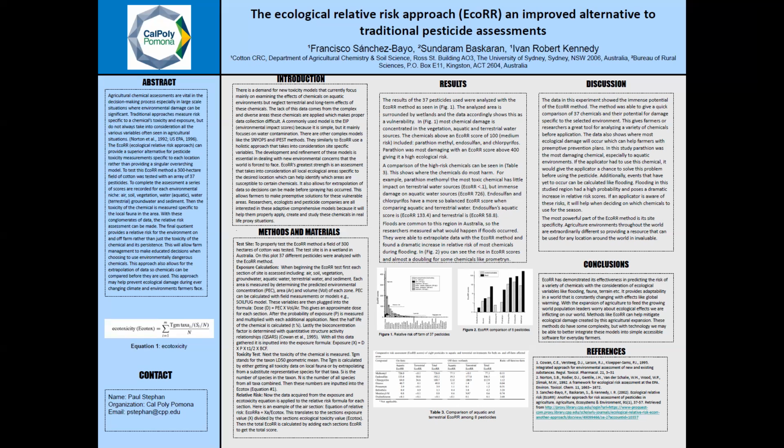After you've gotten that piece of data, you also have to find the SI number, which is the number of species in that taxon, and N, the number of species from all the taxa combined. These numbers are then inputted into the ecological toxicity equation, which is right here, as you can see.